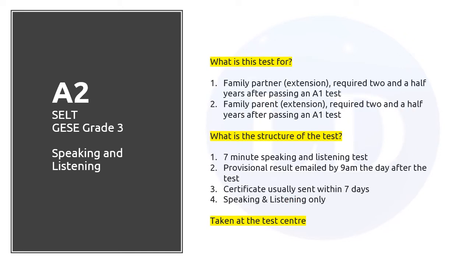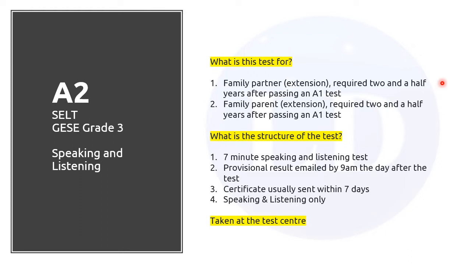The second one is the A2 test, which is CELT GESE Grade 3, and once again this is a speaking and listening exam. Okay, so what is this test for? It is for family partner extension, required after 2.5 years.